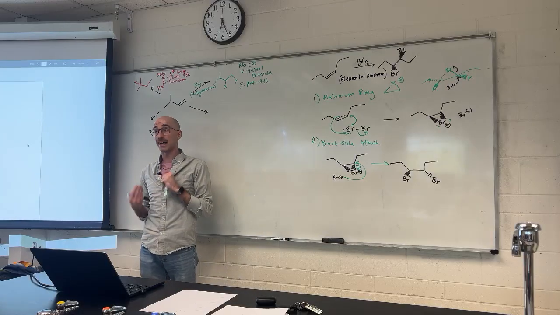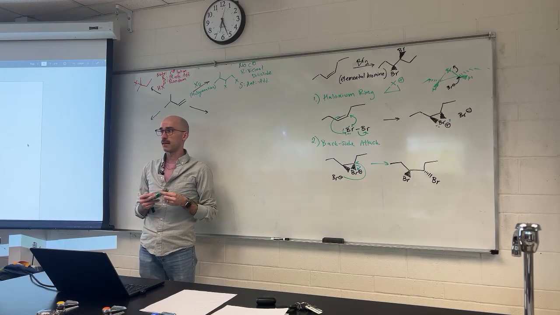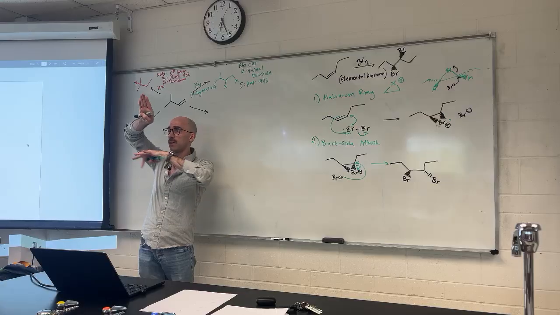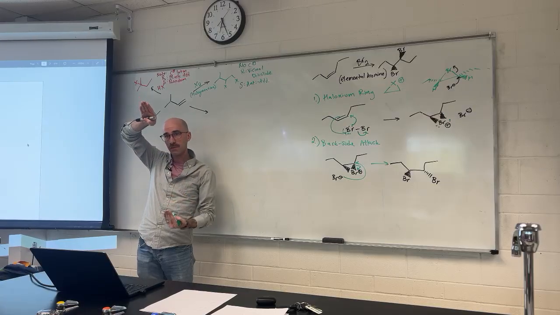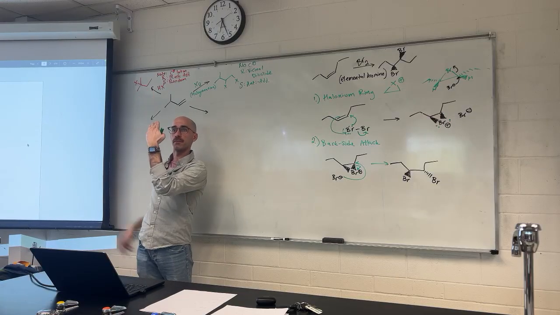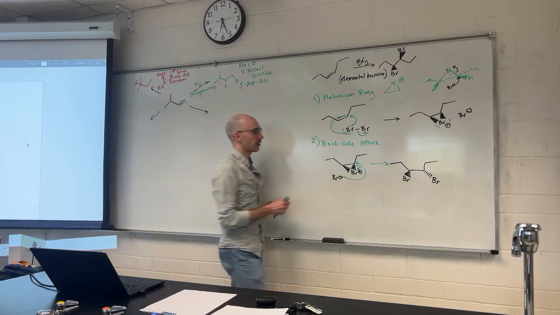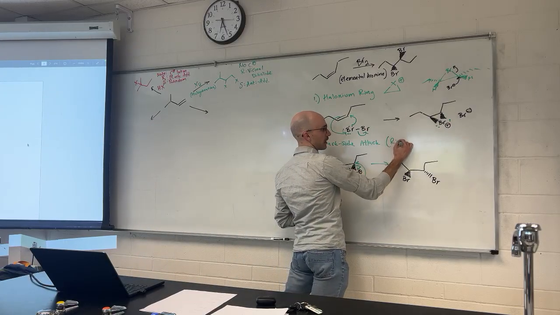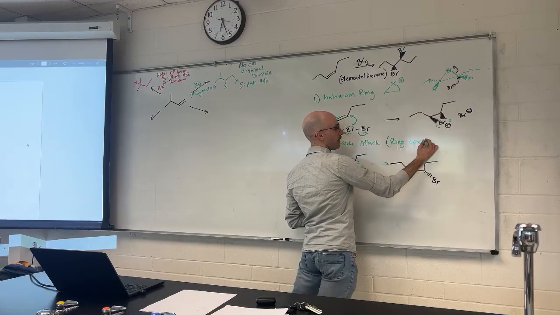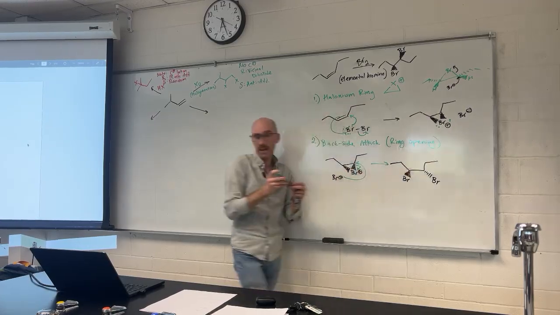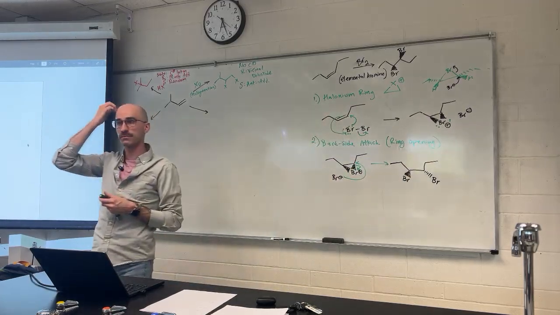That's why we call it a backside attack. If bromine was on top when it was in the ring, the new bromine is going to be on bottom when it breaks open that ring. By the way, if you don't want to call this backside, you can call this ring opening. That also describes what we're doing.